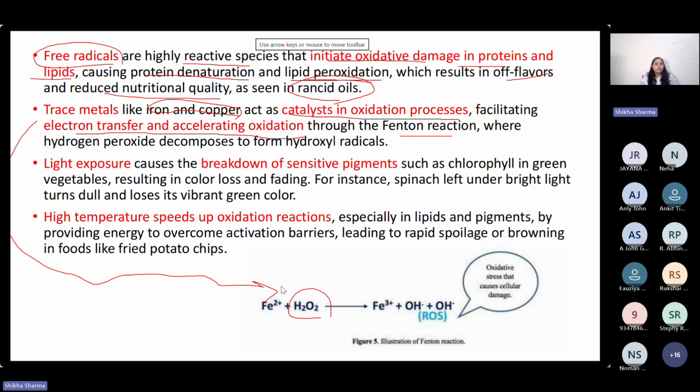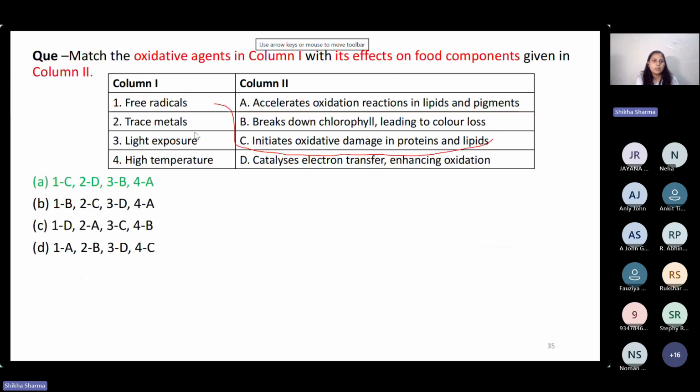They decompose hydrogen peroxide, H2O2, into hydroxyl radicals. So it will form two hydroxyl radicals. These hydroxyl radicals produce oxidative stress and undergo oxidative reactions. So this is how trace metals work. So it is related to D.